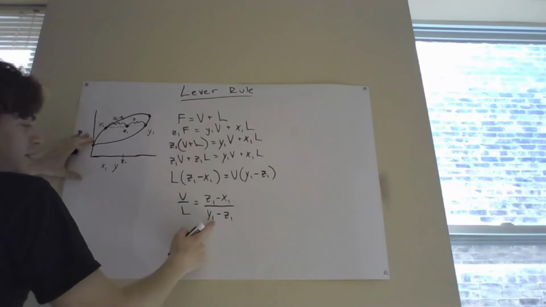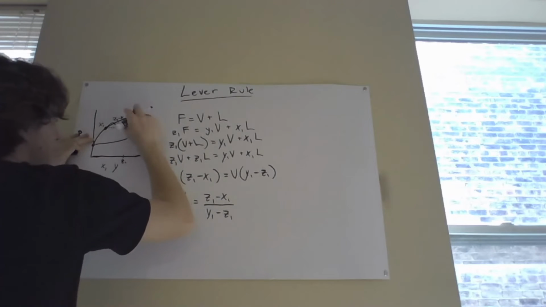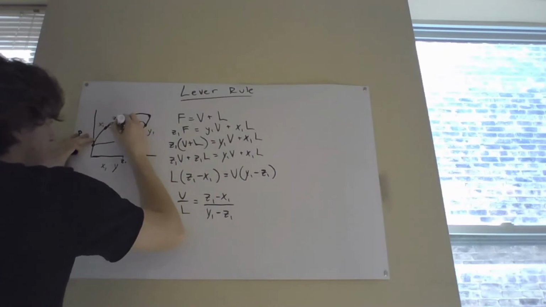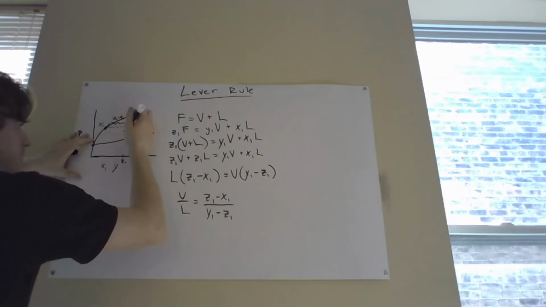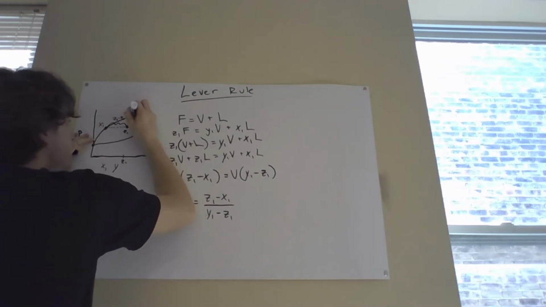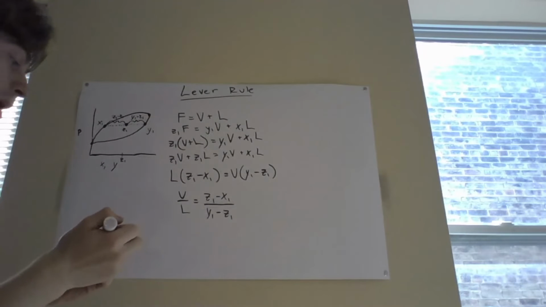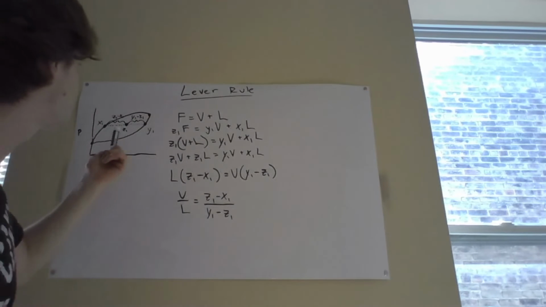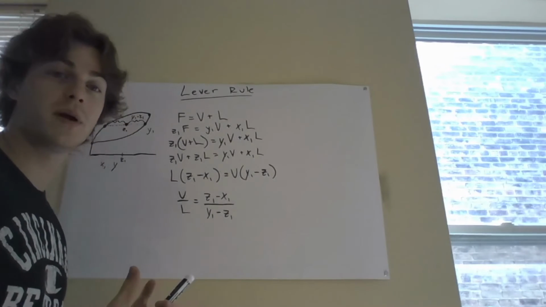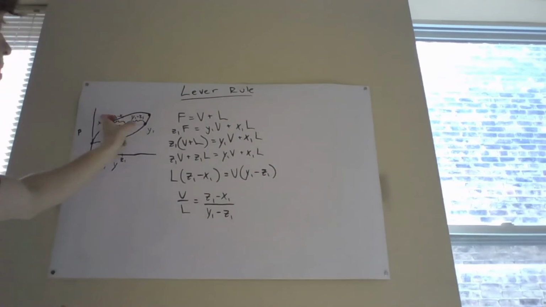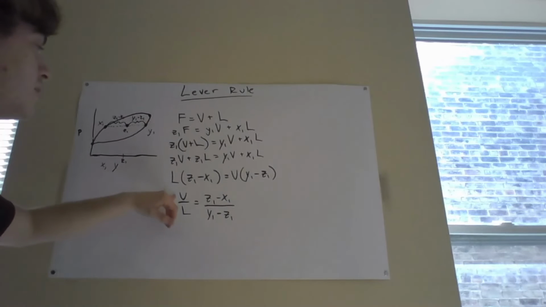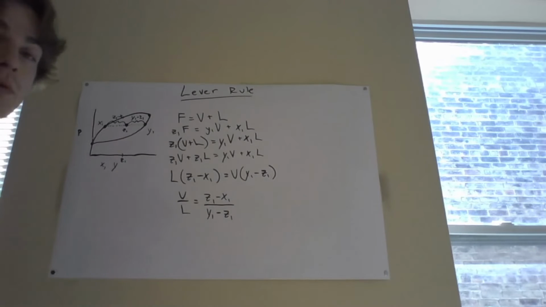And then the value in the denominator is the distance between our feed mole fraction and the vapor mole fraction on our graph. So we can actually use these distances if we plot this on graph paper and measure the distances here and here to calculate the ratio of our vapor moles to our liquid moles.